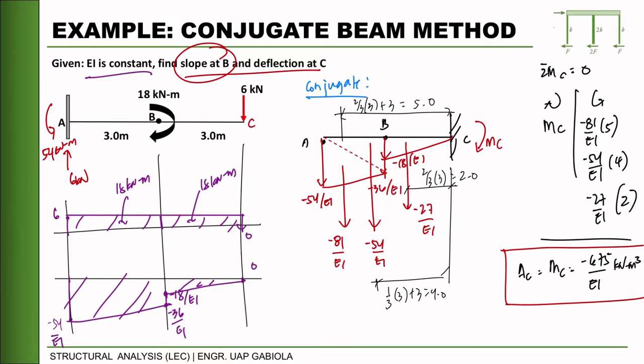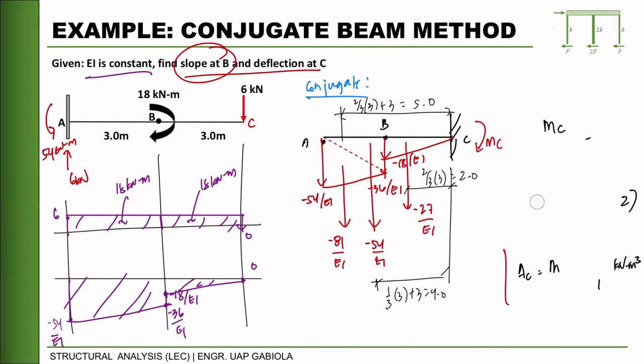So to get letter B, we'll just do the same thing. But for the slope at B, we just need the shear. So we cut the section at B. So we imagine that that is what is left behind. So let's have that here. This is the cut.